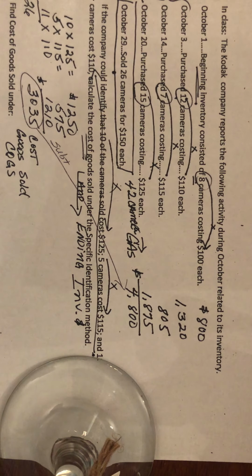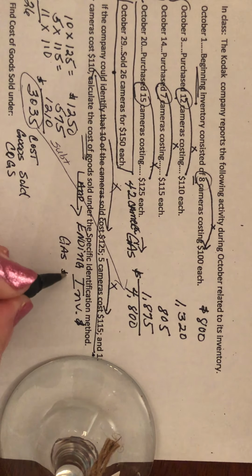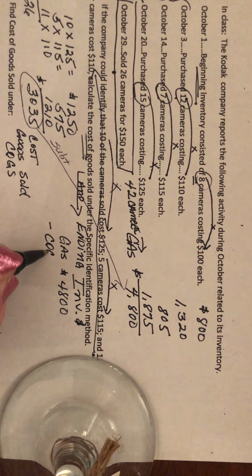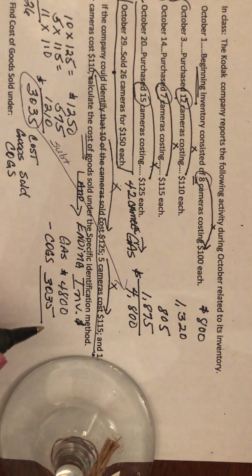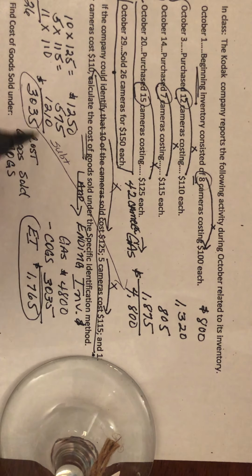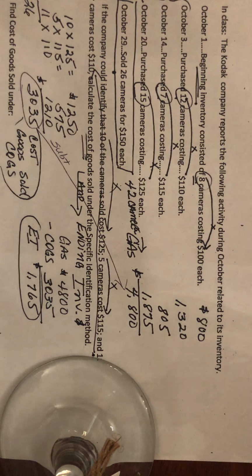Okay, so goods available for sale was $4,800 minus cost of goods sold, $3,035, gives us an ending inventory amount of $1,765. Okay, so those are your two answers for specific identification: cost of goods sold and ending inventory.